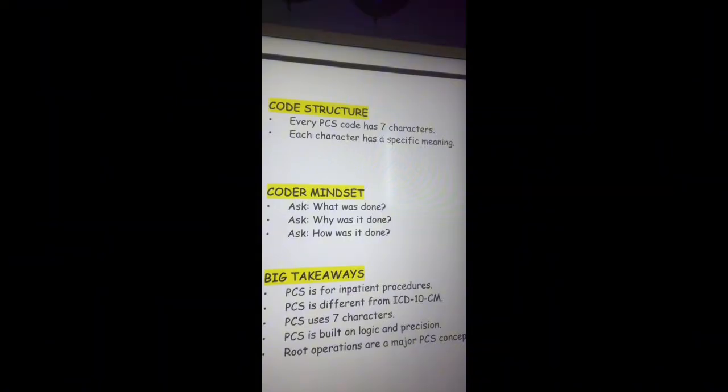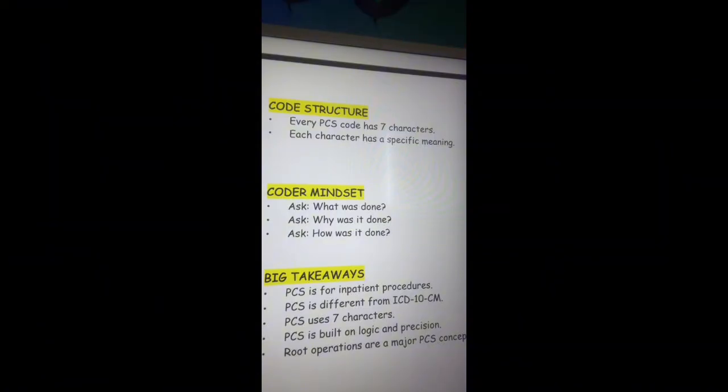Our job or our responsibility is to translate diagnoses or patient documentation into alphanumeric codes. And if it's not given, then we query. That makes our job a lot easier, guys, all right? Or a lot less stressful. Remember, root operations are a major PCS concept. Major, all right?